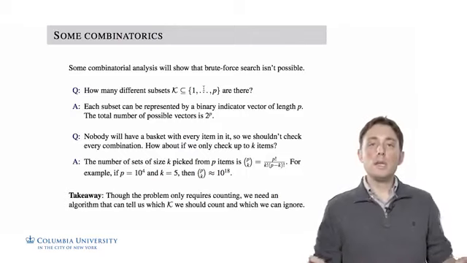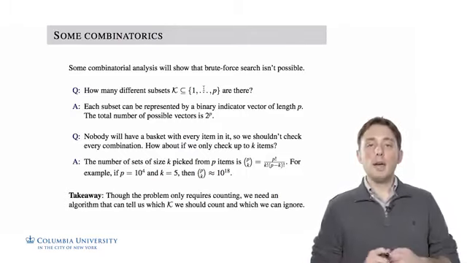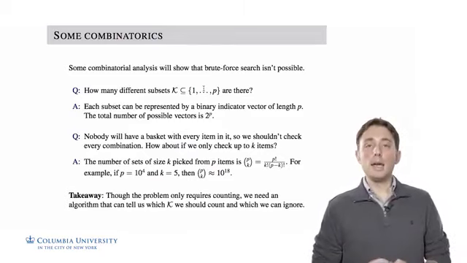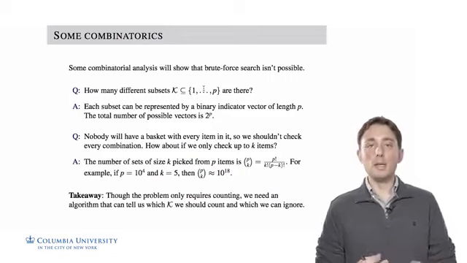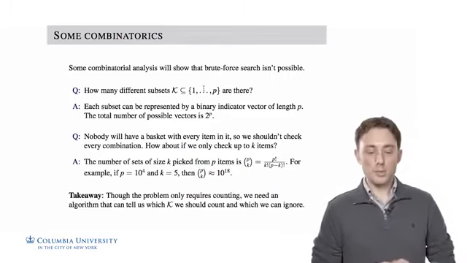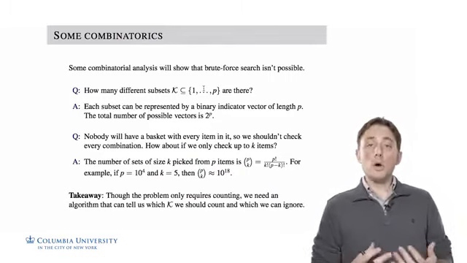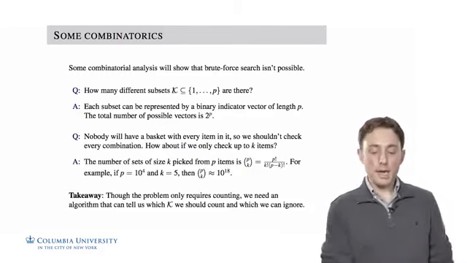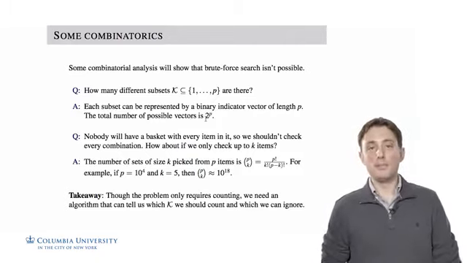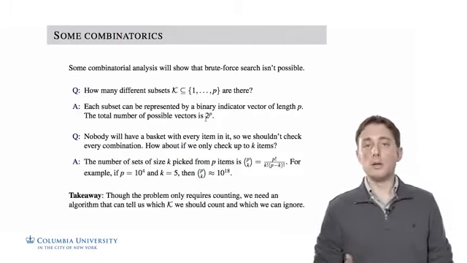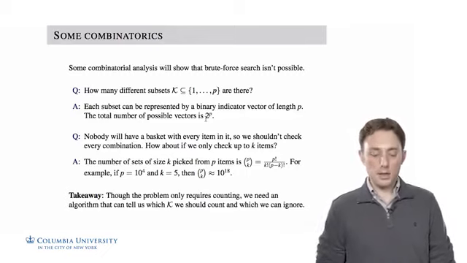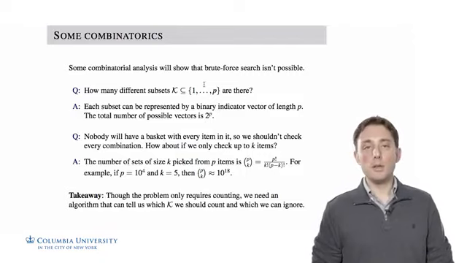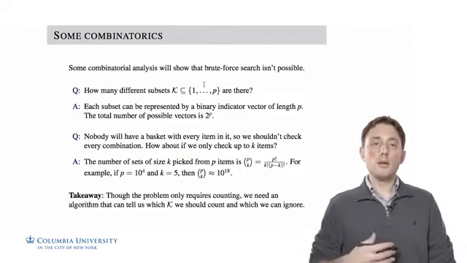To answer this, we can represent each subset k as a binary vector of length p, where a 1 indicates that the object is in that subset and a 0 indicates that an object is not in that subset. And so the total number of these binary vectors, meaning the total number of potential subsets k that we would have to check, is 2 to the p. So this is a very large number as soon as p gets even moderately big. So it's not possible to check every single possible subset by brute force counting.